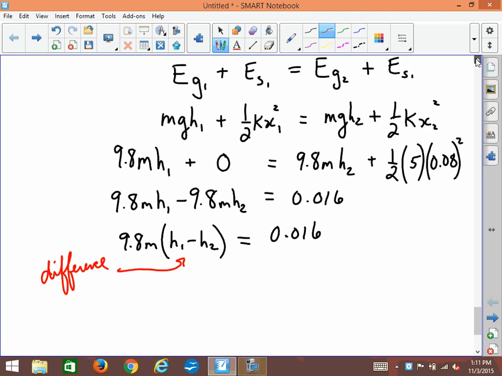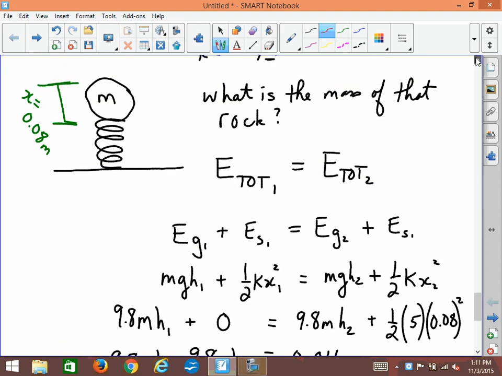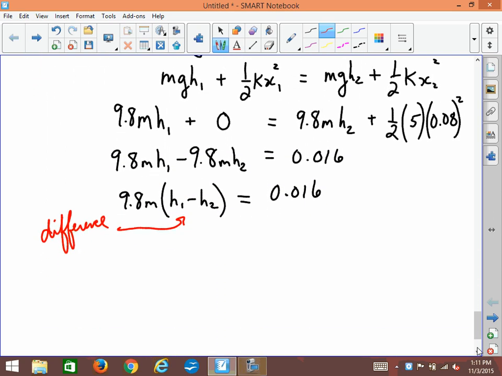Well, we know the difference in height is how far the rock fell. x equals 0.08. It's actually seen as the x, isn't it? And so this becomes 9.8m times 0.08 equals 0.016. So actually we could have multiplied that out on one side of the equation, but it doesn't matter.